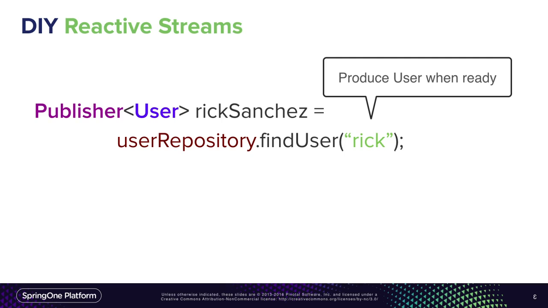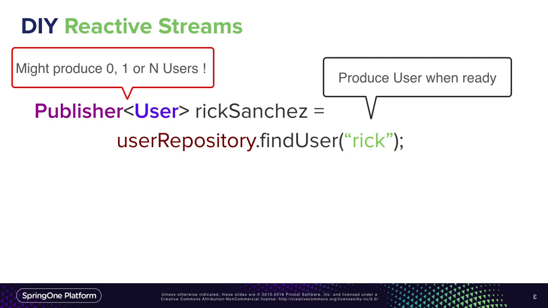It could happen asynchronously or synchronously, we don't care. All we know is userRepository.findUser is never going to block you. That's the first reflex you see when this returns a Publisher. Nothing blocking is going to happen when you call findUser, unlike when you return a User, which is going to be blocking.